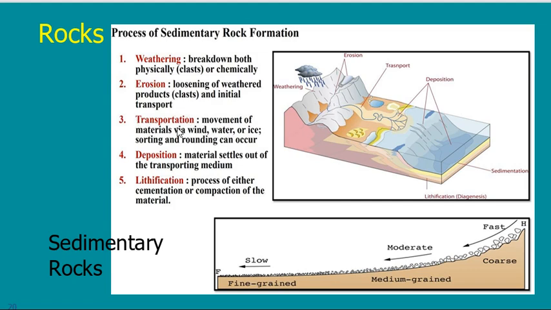Transportation means that there should be something to carry this rock from one place to another place. What is this? Usually it is water. The rain comes, flood comes, so it carries with it all the weathered, eroded material within the flood.